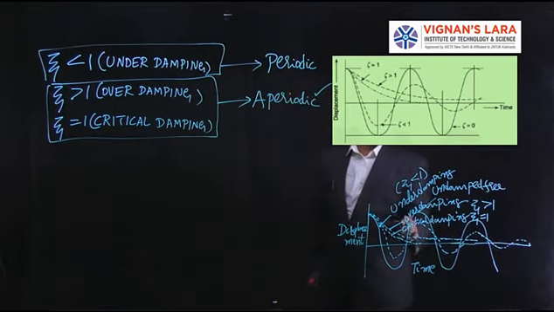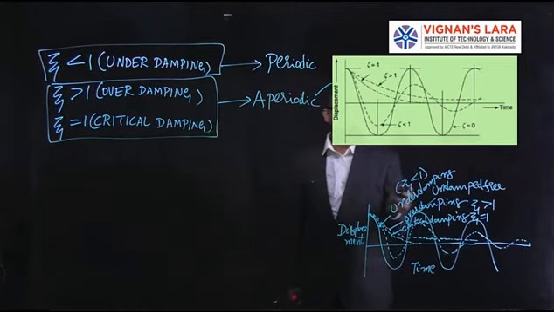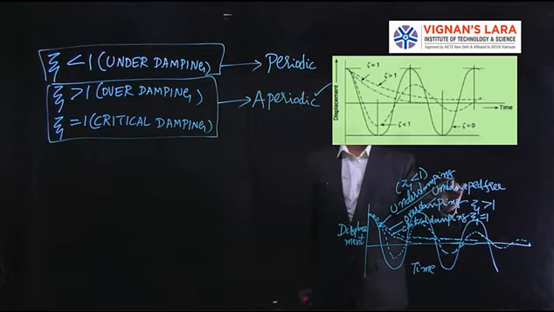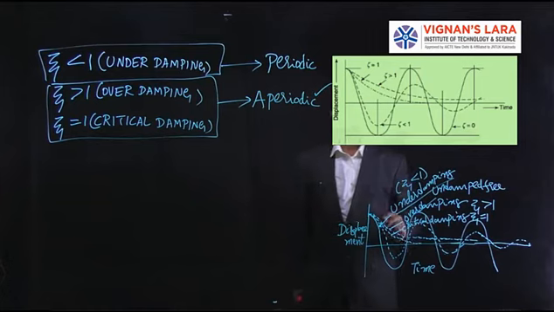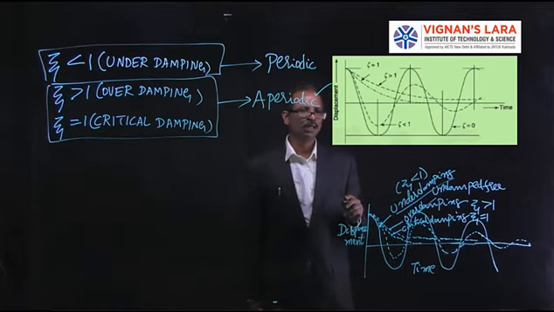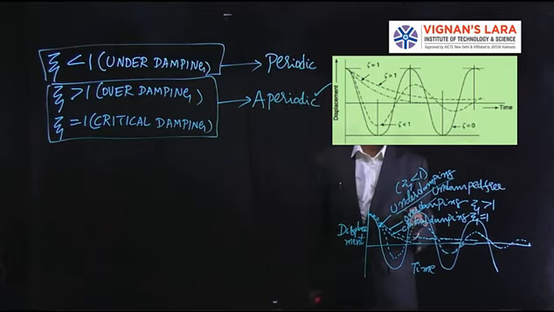So where do we use over damping and critical damping, and where do we use under damping? In general, the majority of equipment will undergo under damping, and critical damping is one where the system is designed to come to rest within a short period of time.